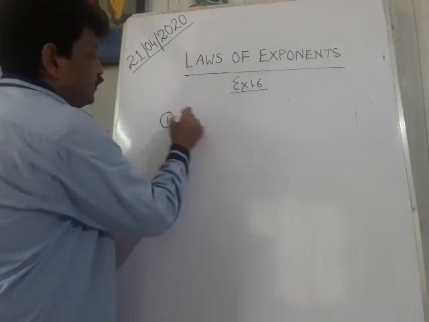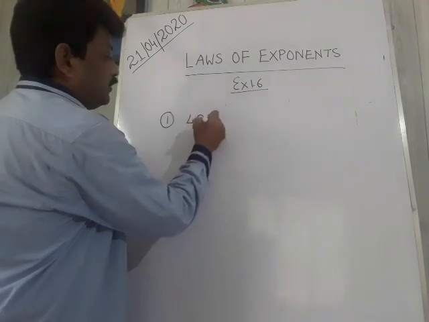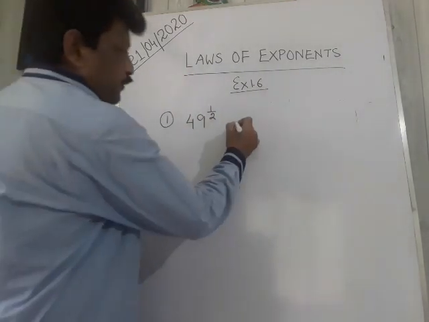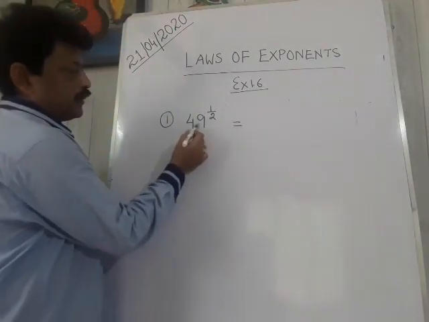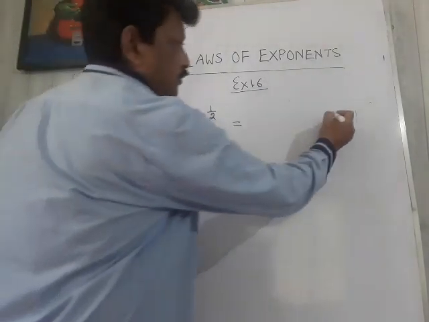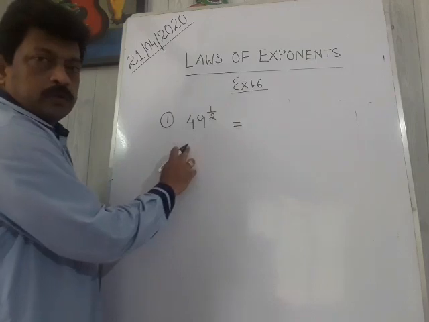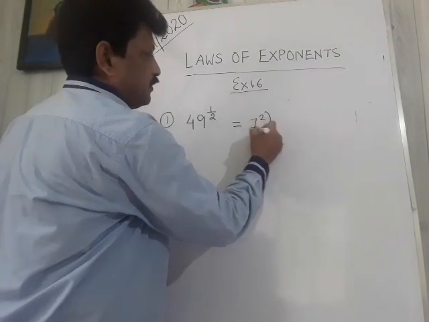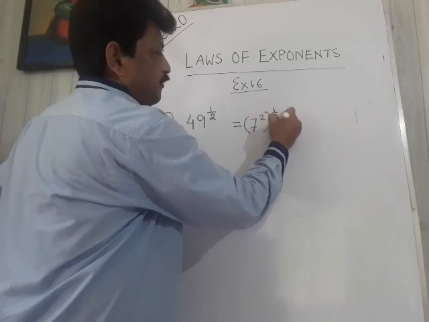Number 1, we have to simplify 49 to the power 1 upon 2. First of all, we have to factorize this 49 and see what we are getting. So 49, we all know, is 7 squared. So 7 squared and power is half.